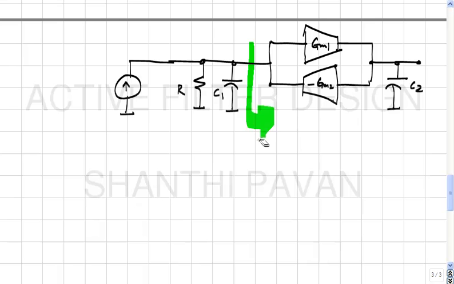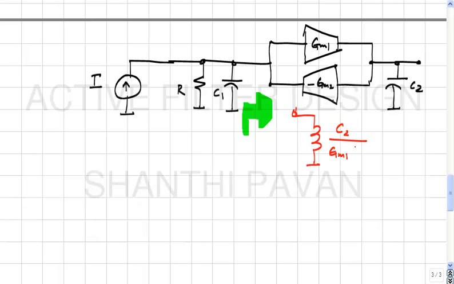Okay. So if this is I, this, we saw, was equivalent to an inductor of value C2 by GM1 GM2. And what did we say?